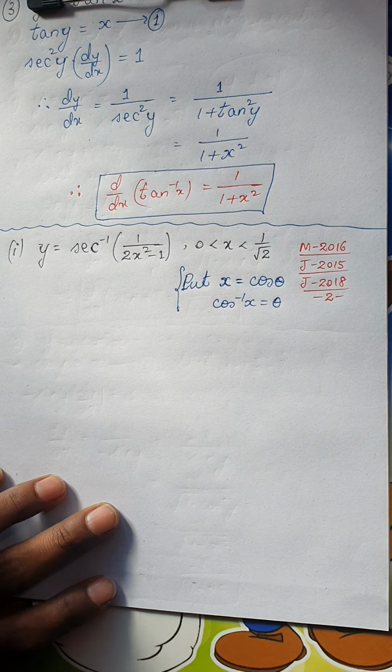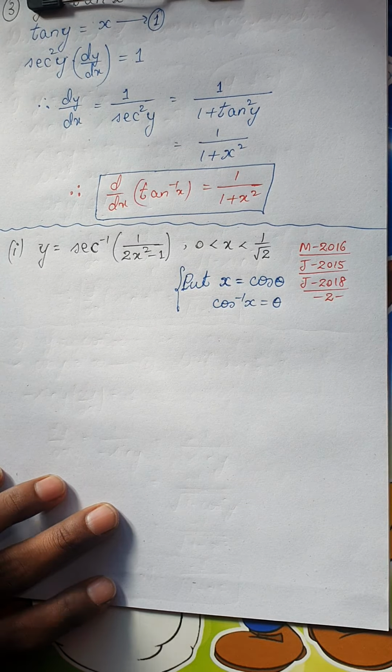Okay, so I will write it as 1 divided by cos 2 theta, isn't it? Now this is nothing but secant inverse of, what is reciprocal of cos? We know reciprocal of cos is secant 2 theta. Okay, now secant inverse and secant will be nullified. I will get 2 theta.